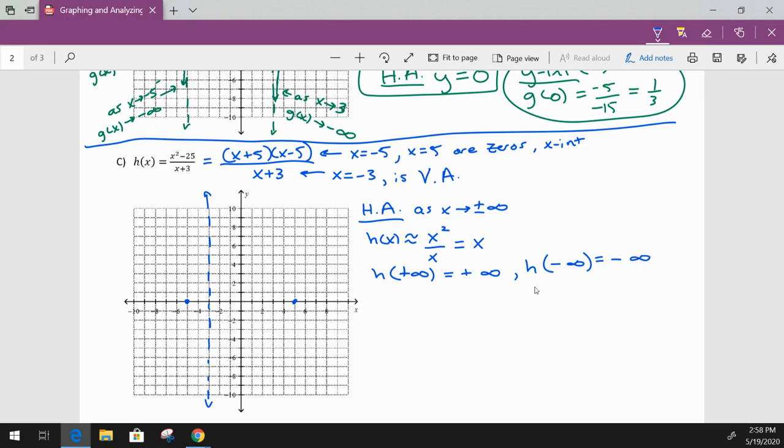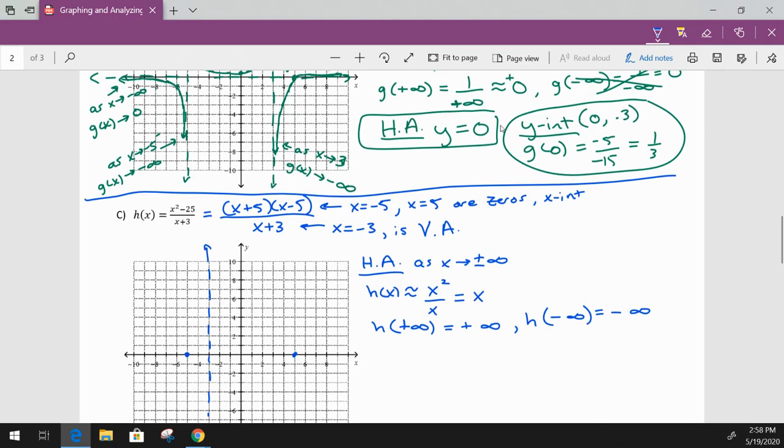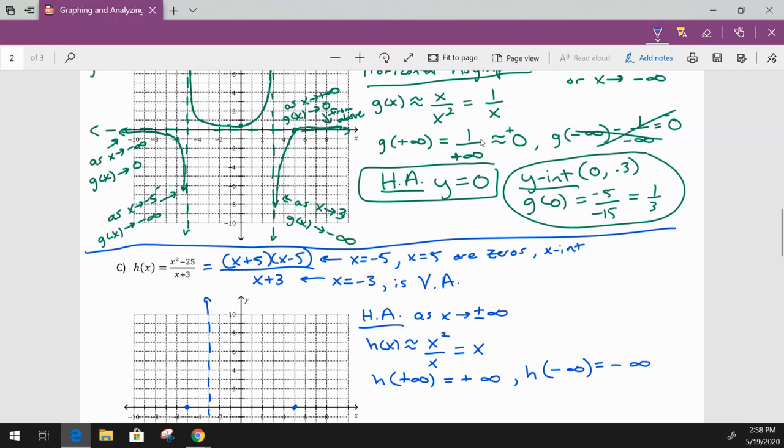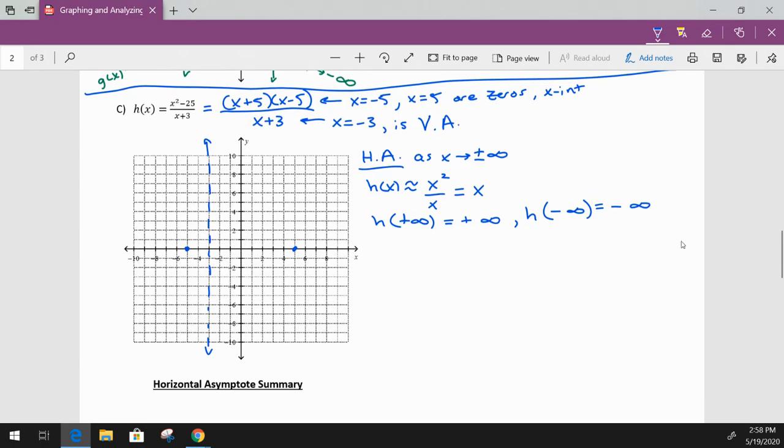So we really don't have a value that y is getting closer and closer to, like we did here with 0, or like previously with 1. So if your graph is going to positive infinity or negative infinity, there is no horizontal asymptote.